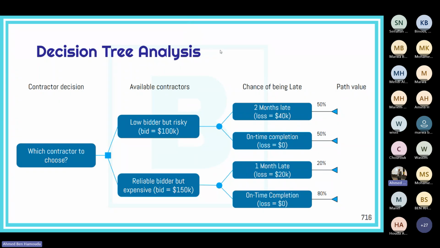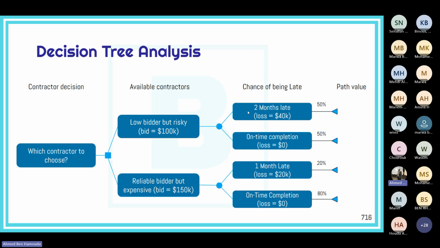The decision tree analysis is used when we need to choose. For example, here in this example, we need to purchase a machine, and we need to decide which contractor to choose. We have two available contractors. One is a low bidding contractor with a bid of 100,000. But this contractor is quite risky.